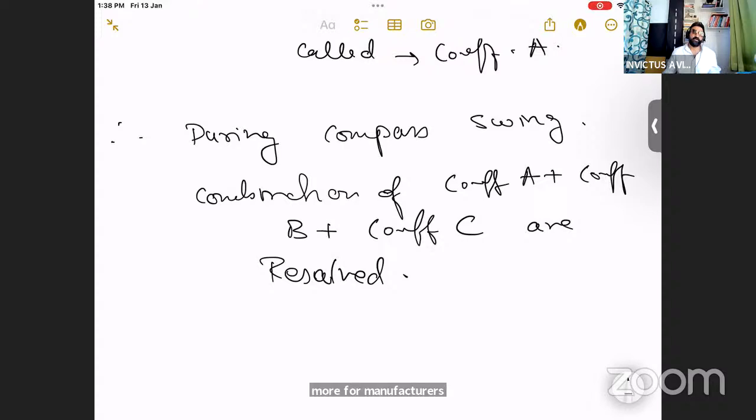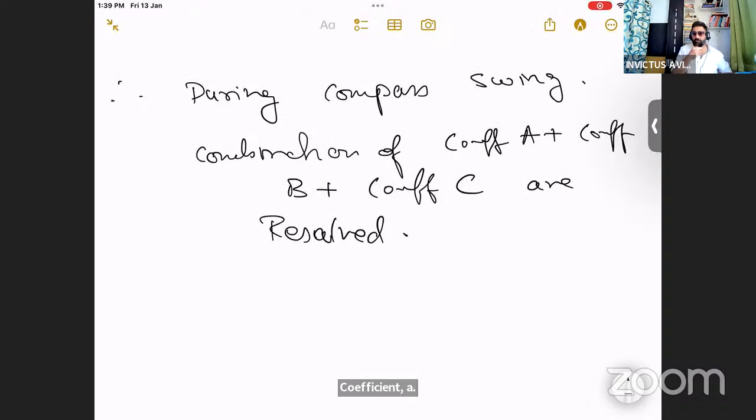Now quickly write down the definitions. Coefficient A. Okay, definitions, you go through the text that I'll share with you all. Very simple. I'm just going to give you two abbreviations. Write down this. RIMC.